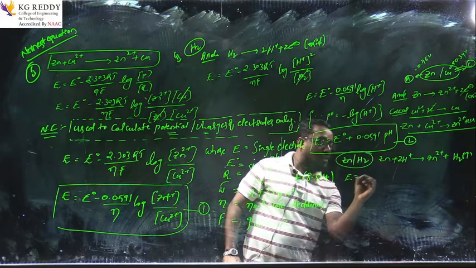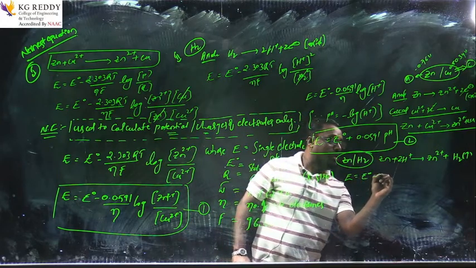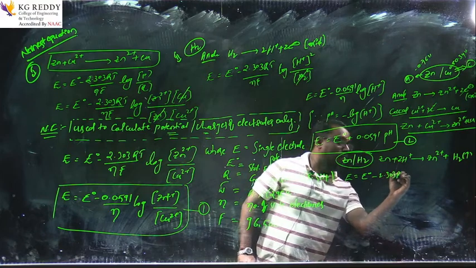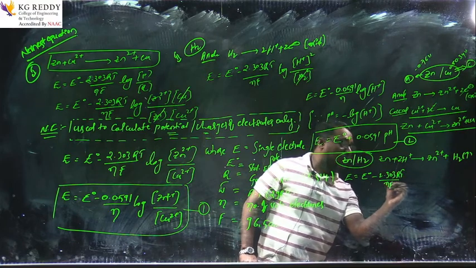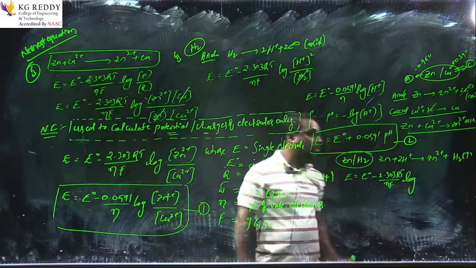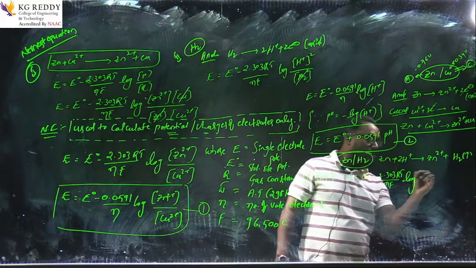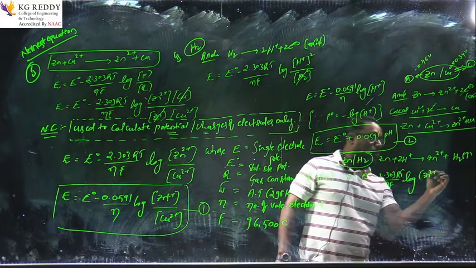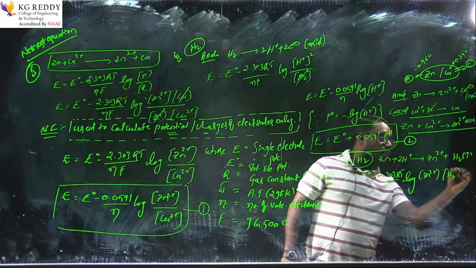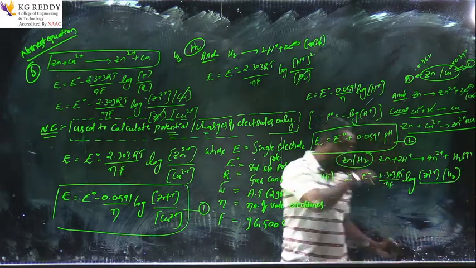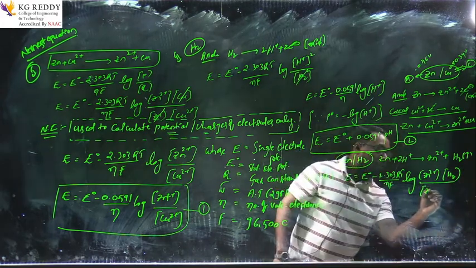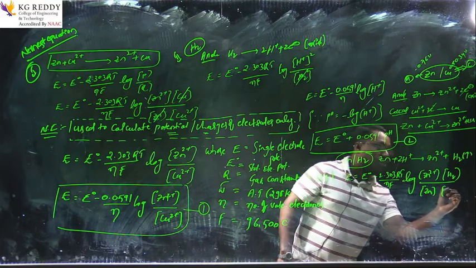We know that E equal to E naught minus 2.303 RT by nF, log of concentration of Zn2+ and concentration of hydrogen gas, divided by concentration of zinc and concentration of H+ whole square.